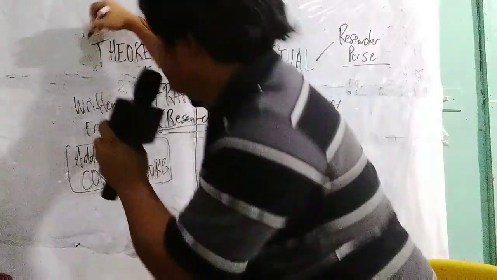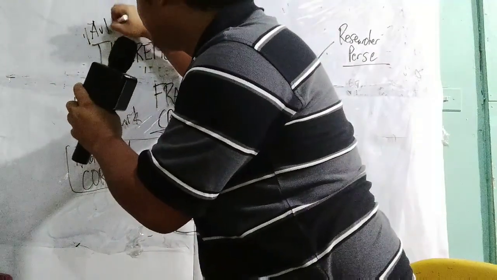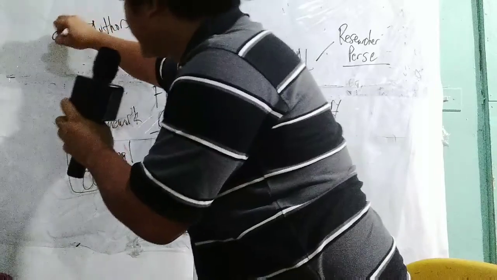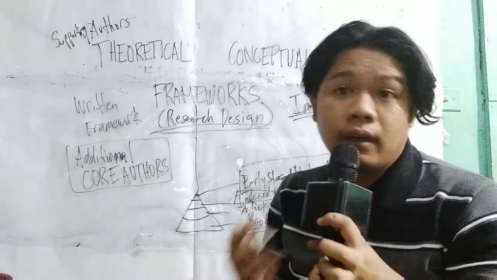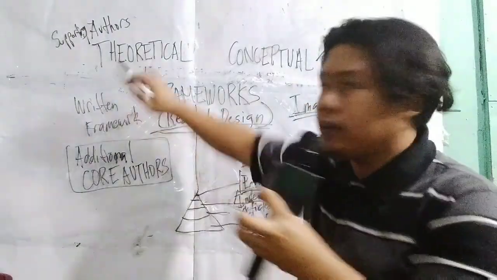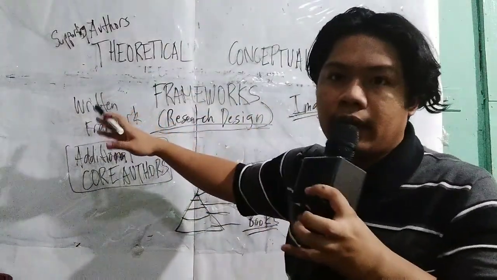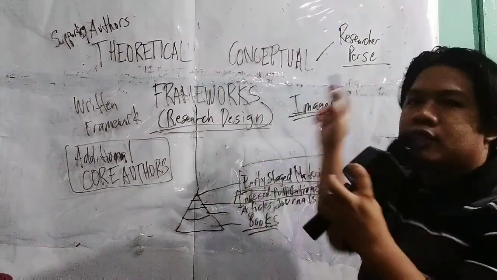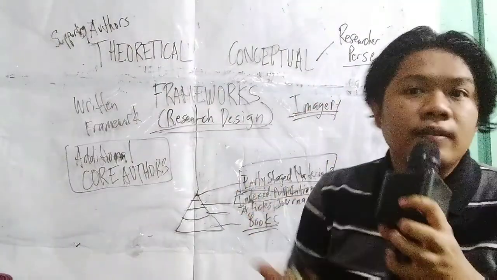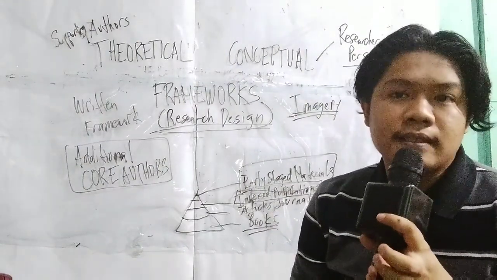And the theoretical framework, as you have already noticed, comes from supporting authors. So, the supporting authors take the majority of the written framework. And now, the conceptual framework provides the researcher's actual concepts which he or she wants to elaborate in the study.